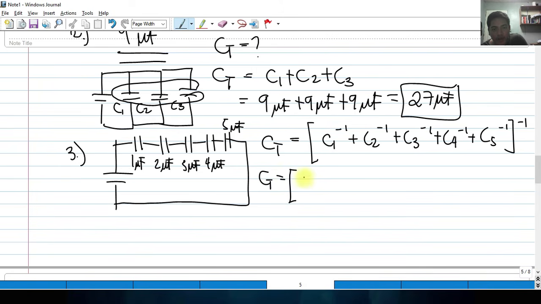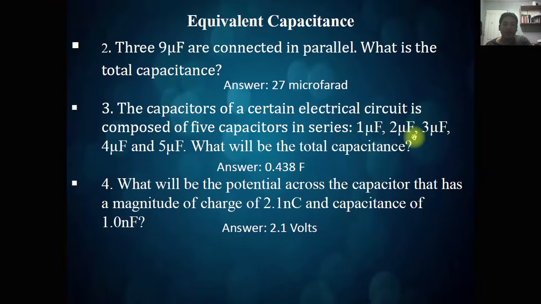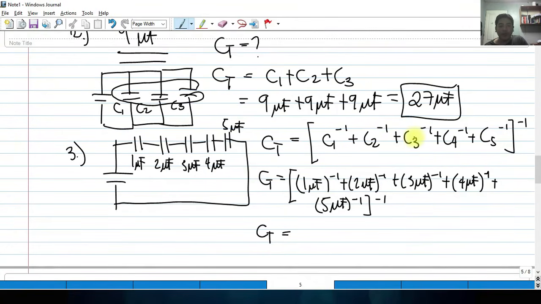So we have 1 microfarad raised to negative 1 plus 2 microfarads raised to negative 1 plus 3 microfarads raised to negative 1 plus 4 microfarads raised to negative 1 plus 5 microfarads raised to negative 1, and they are altogether raised to negative 1. So what would be the answer? If you wish to calculate this in your calculator, definitely that should be 0.438.